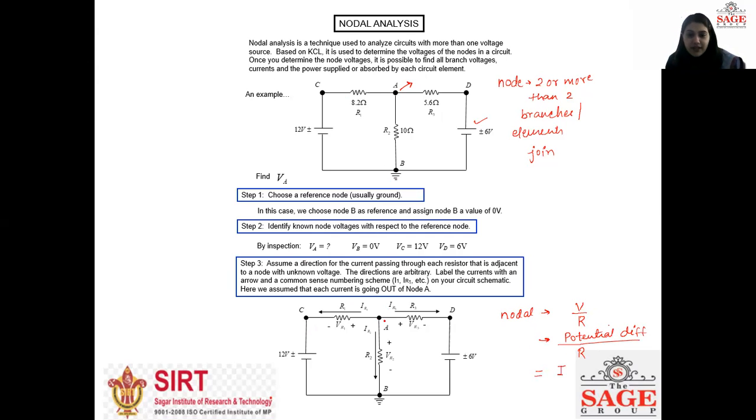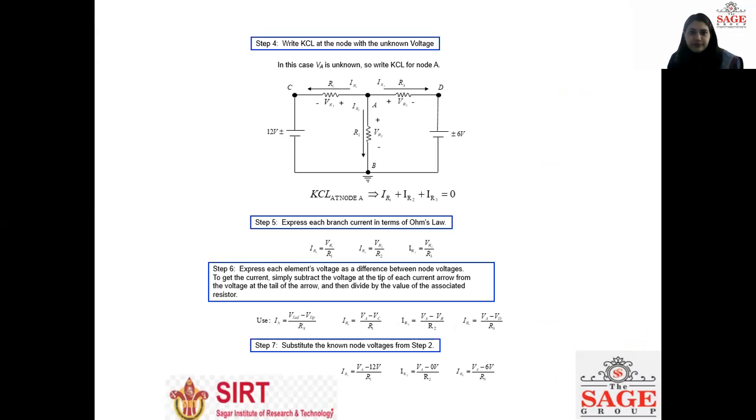If there is a current which you can see is incoming or outgoing from that particular point, we will write the current I directly, and if there is a potential difference given, we will write the potential difference and the resistor across which current is flowing. Now we will see how we have written down the equation for that particular circuit.